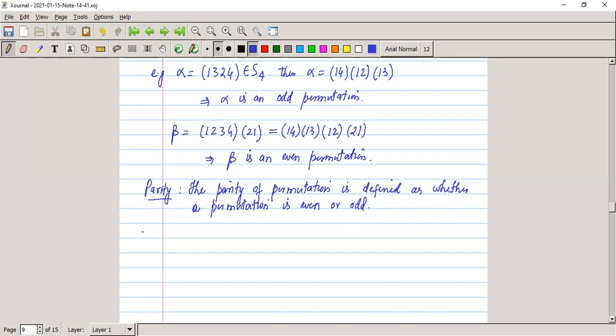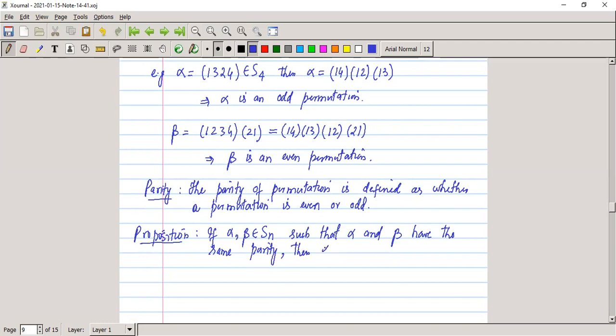Now here we make certain small results. Let's call that result a proposition. If alpha and beta are two permutations in Sn such that alpha and beta have the same parity, then the composition alpha beta is an even permutation.